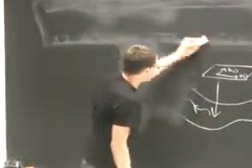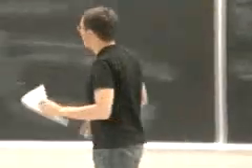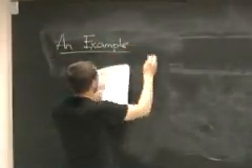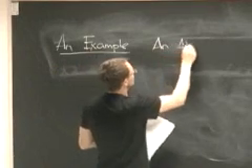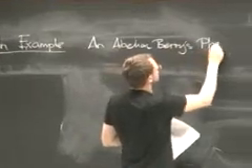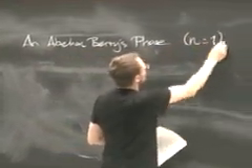This is the canonical example that Berry first introduced in his original paper. And it's very simple. It's just a spin-half particle in a magnetic field. So an example. And this is an example of an abelian Berry's phase, where abelian means n equals 1.